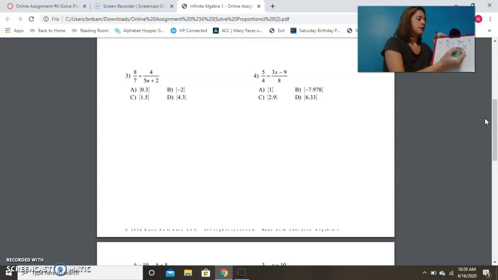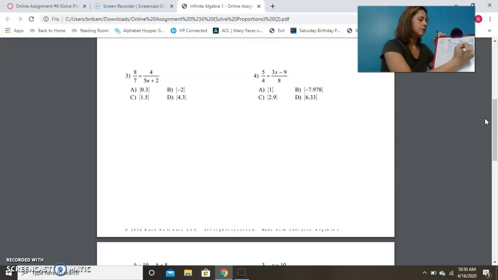We do this top number by this bottom number, and this bottom number by this top number. Okay, and then when we multiply those, we'll do 5 times 8 on the left-hand side, and then we'll do 4 times this whole thing on the right-hand side, so 3x minus 9.